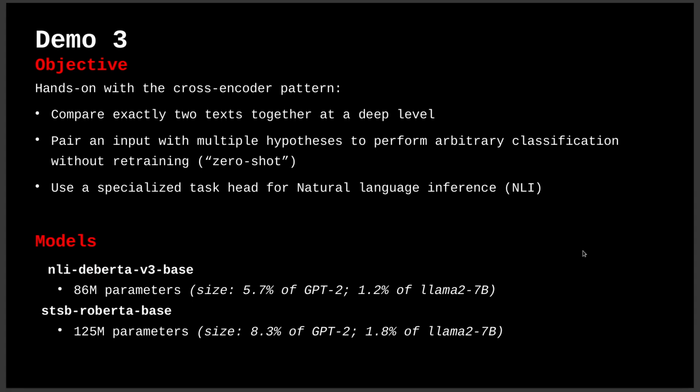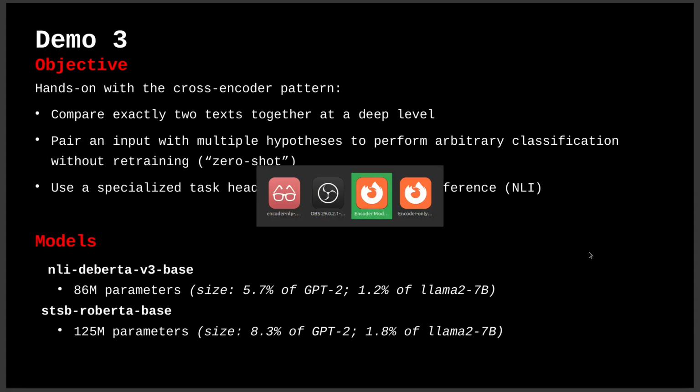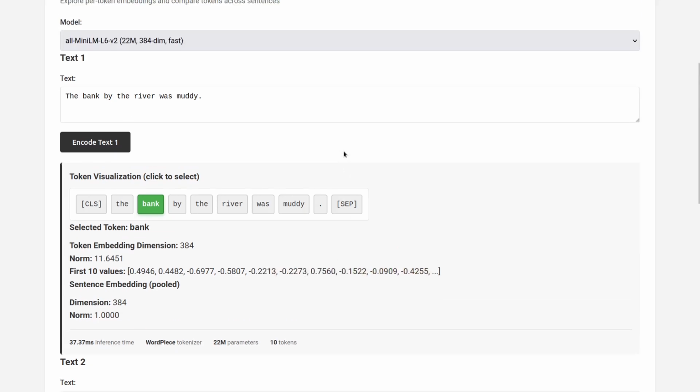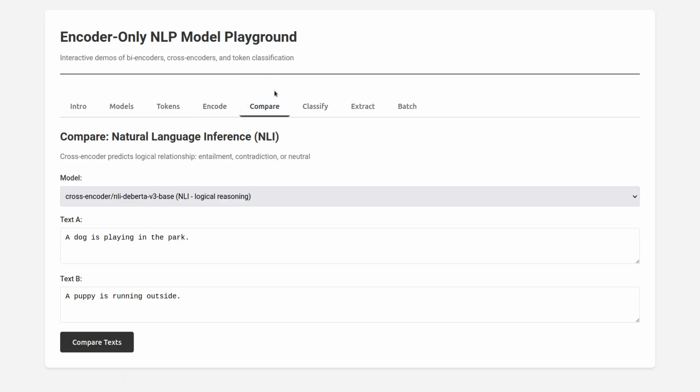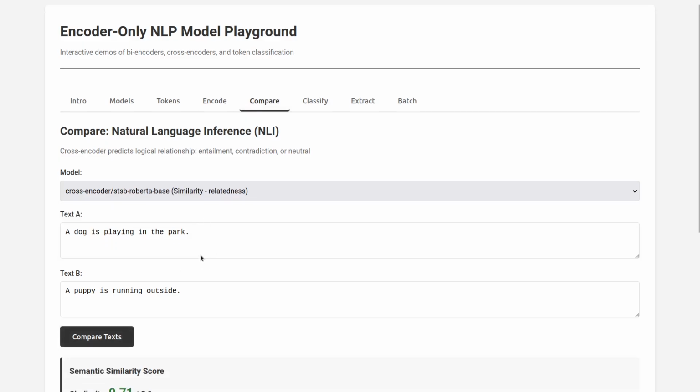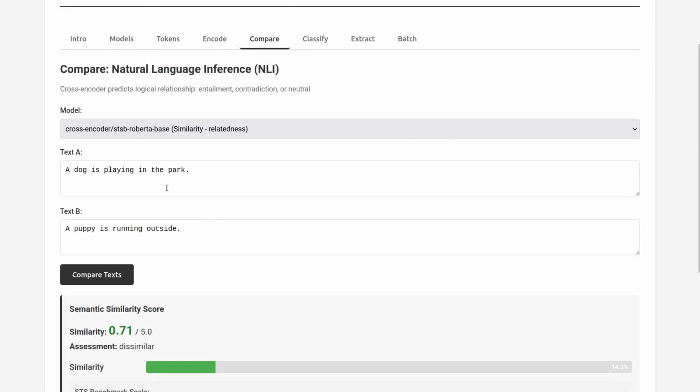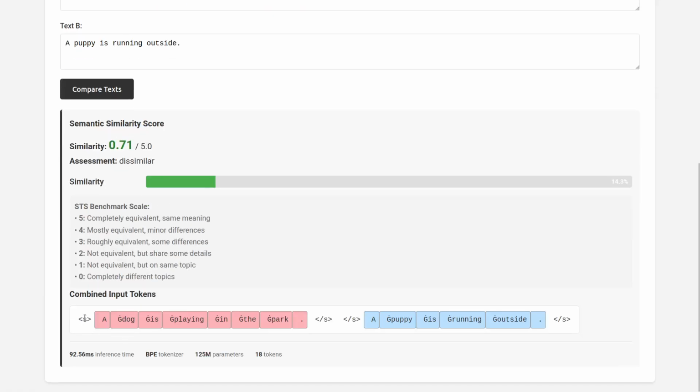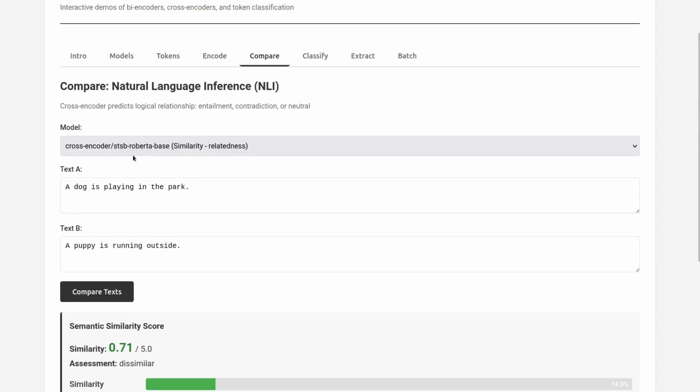So let's go play with the cross encoder. All right, I'll actually pick the similarity one first. What we're going to do is just look at the way this thing loads the tokens into its encoder. This is RoBERTa base.